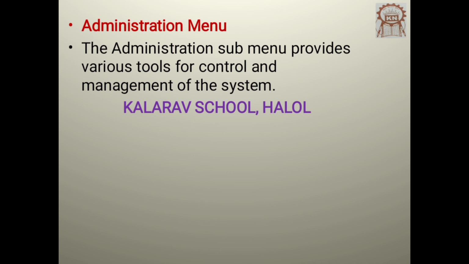Language Support for various languages including Indian languages, Printing, Software Sources, the sources on the internet from which to install software, Startup Disk Creator, Time and Date, Update Manager, and Users and Groups are available in this menu.